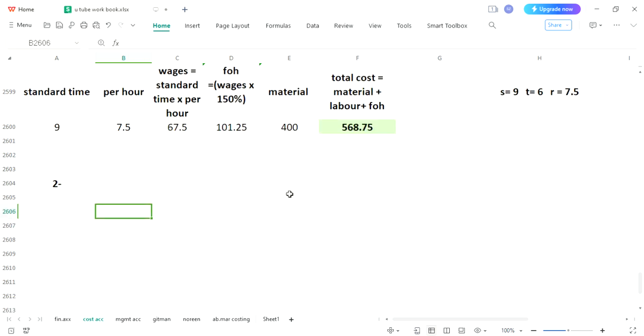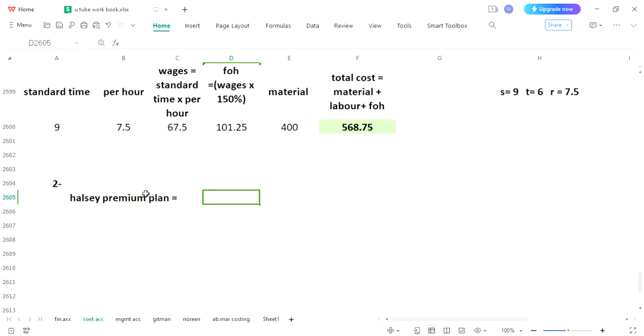Halsey says that there are three things included in this formula: standard time, time taken, and rate per hour. The same three figures will be used for calculation of labor cost according to the Halsey premium plan.